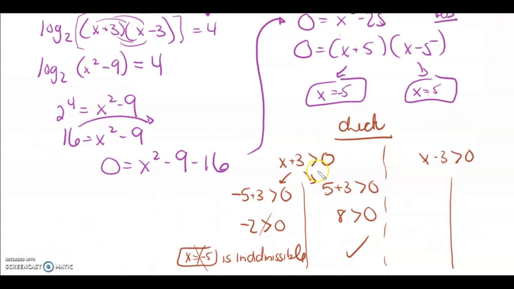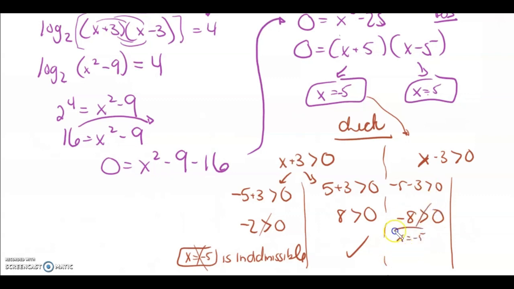Remember, we're checking every single time we have an x value. So now the second argument. I'm going to do the work just to show you, but we already know that x equals negative 5 is inadmissible. Negative 5 minus 3 is greater than 0? Well, negative 8 is not greater than 0.